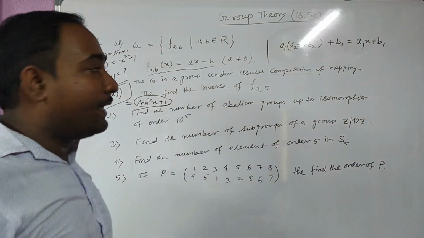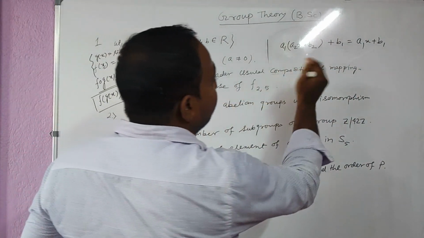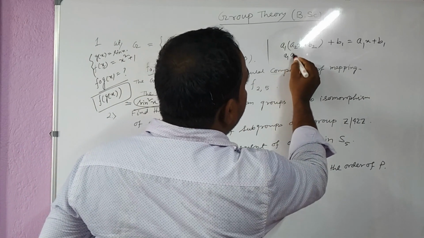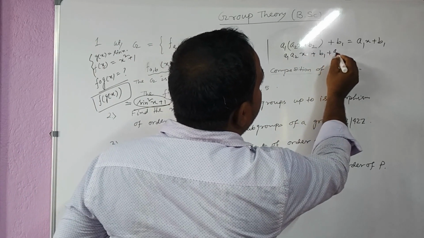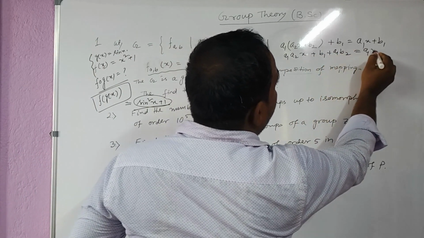Now look at this. This is obviously an identity. Now we will compare both sides. So a1a2x plus b1 plus a1b2 equals a1x plus b1.